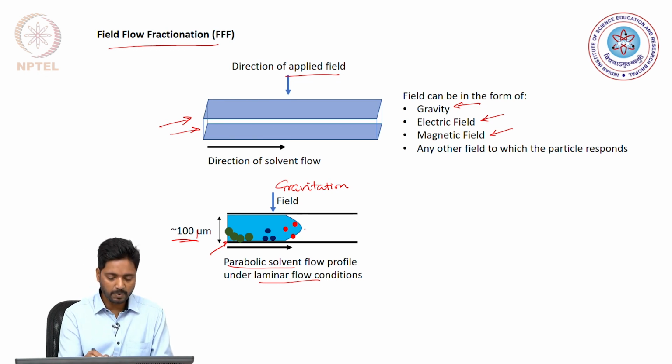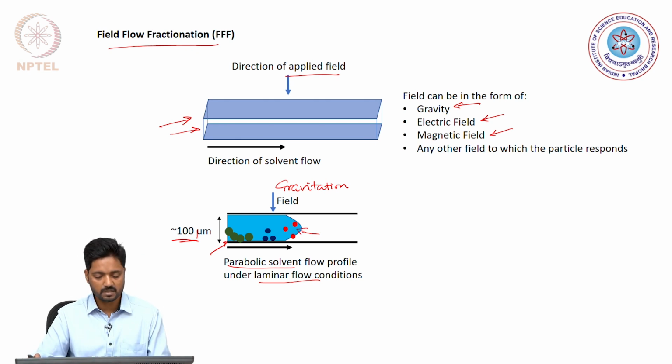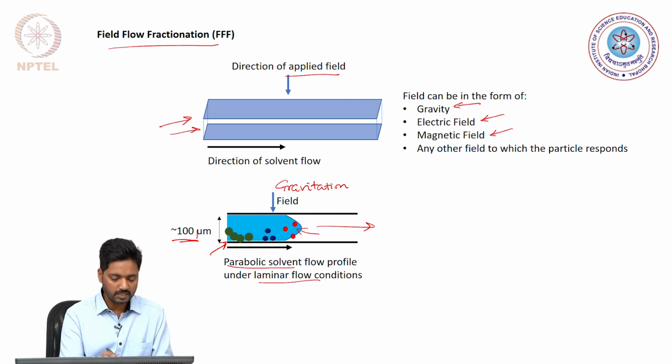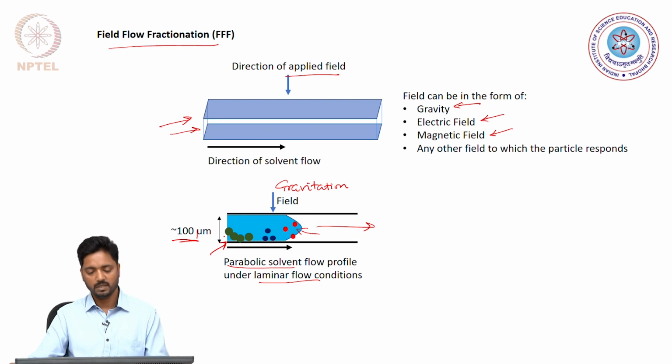However, as the particle size reduces, for example, the red particles here, they will start flowing more and more with the solvent flow or the solvent front, and will elute out first out of the column, while the green particles, which are the largest, will elute out the last.